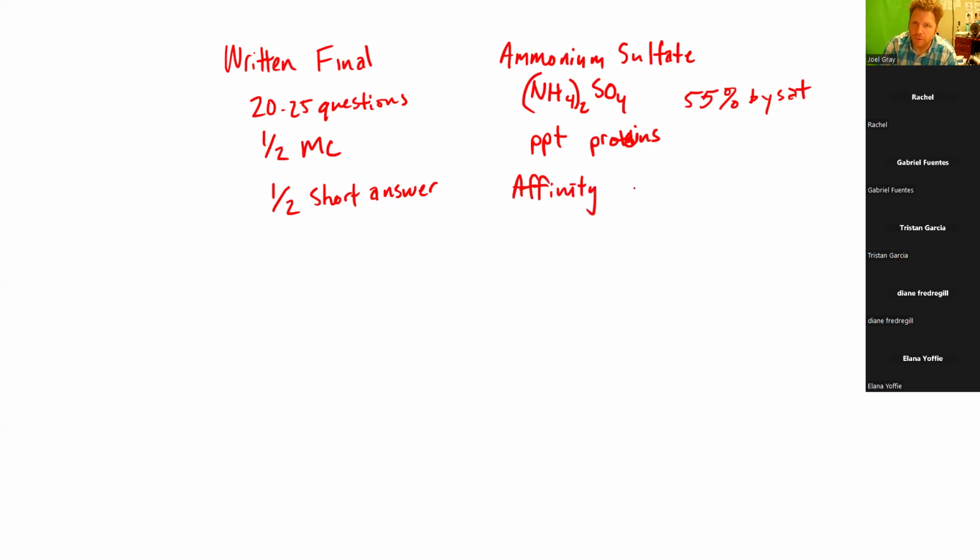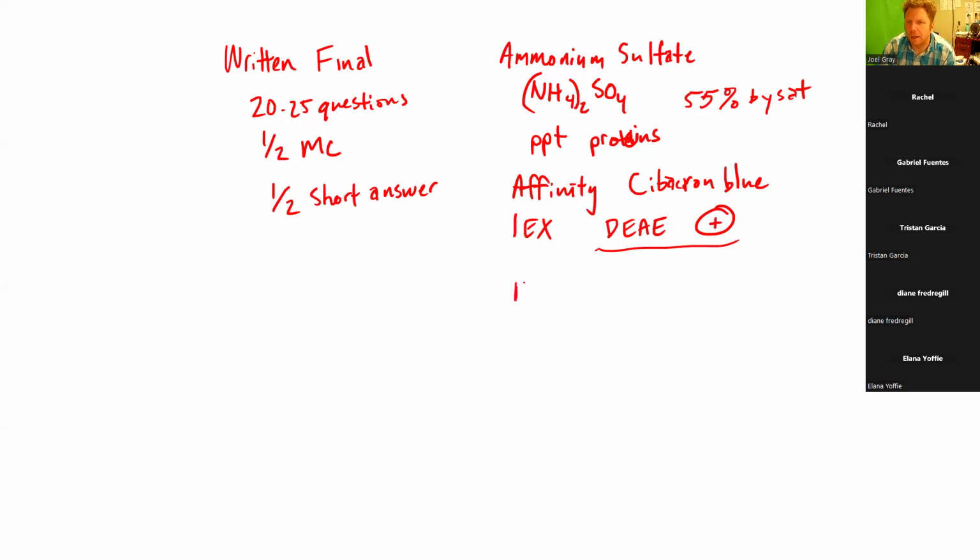And this affinity column that we used was known as Cibacron blue. We also used ion exchange chromatography. We used a DEAE, diethylaminoethyl column, and this is going to be a positively charged column. And this was a question that there are some people who had some confusion on.